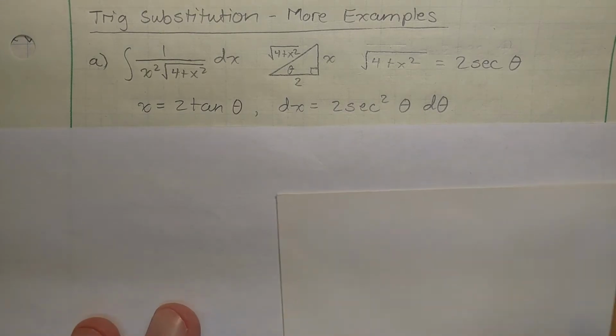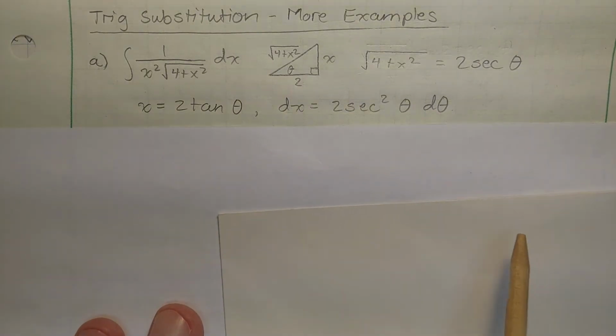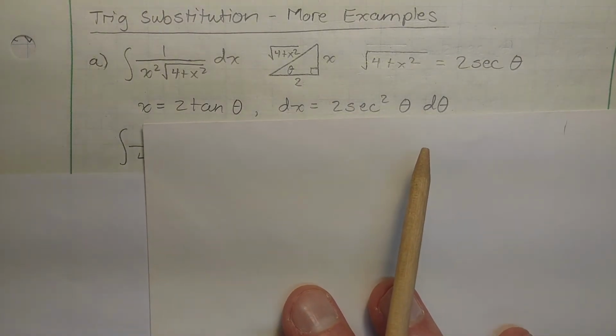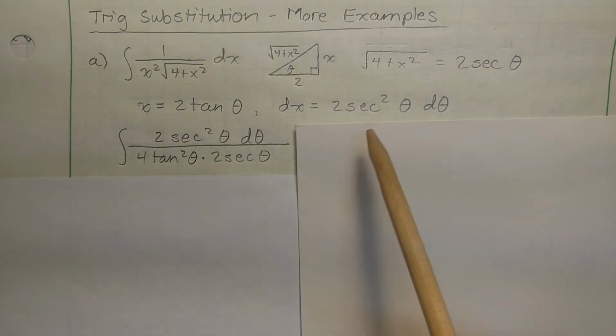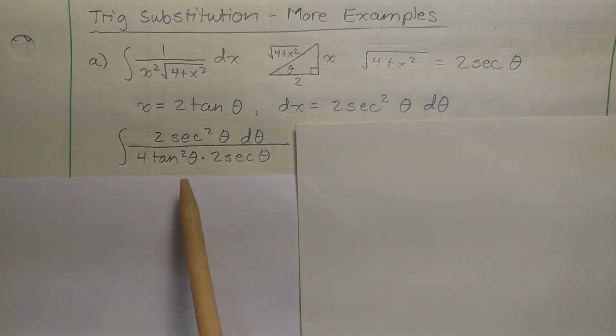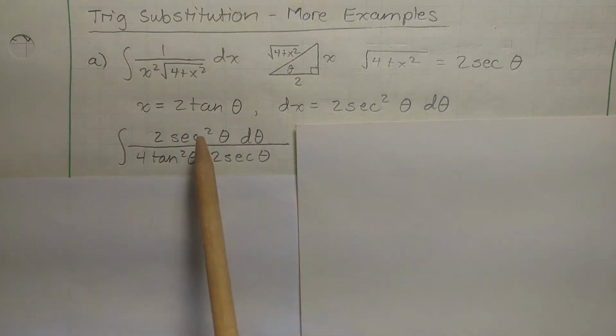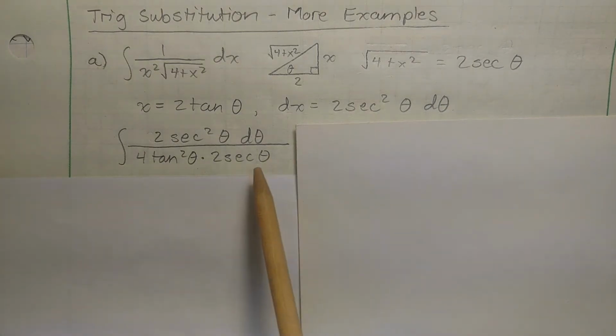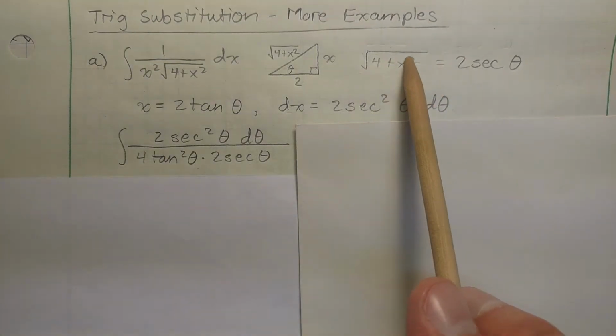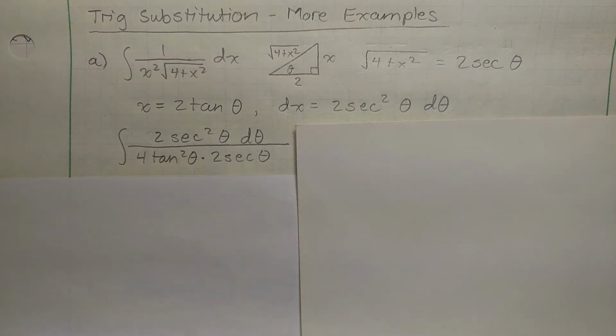Now we can go ahead and substitute in. We have the integral of, notice our numerator is going to be 2 secant squared theta d theta, just our dx. That's the only thing in the numerator. And our denominator is going to be, when we square x, 4 tangent squared theta, and then for our radical expression, we get 2 secant theta.